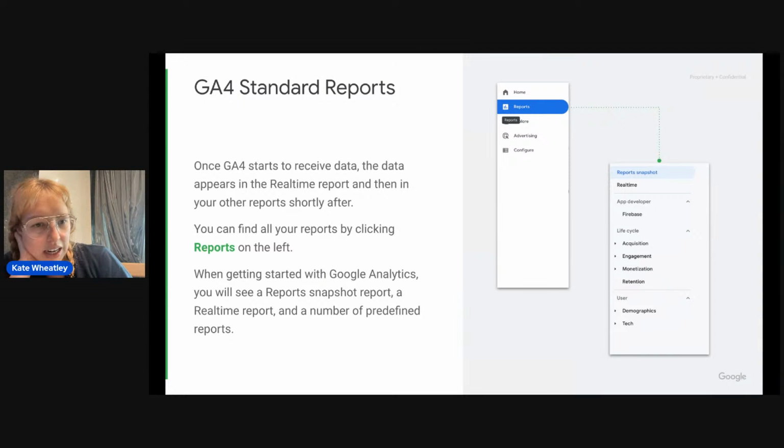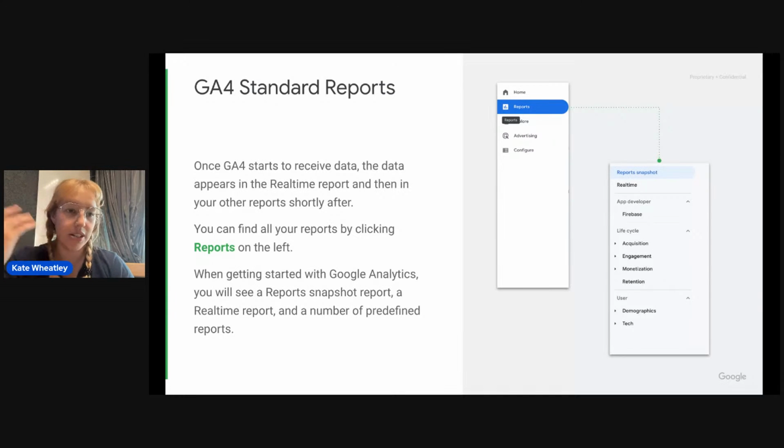As you can see, you've got a couple of snapshots: the snapshot at the top and also a real-time overview. And then a collection of predefined reports. Even though they are out of the box, these will vary depending on what it is you do.